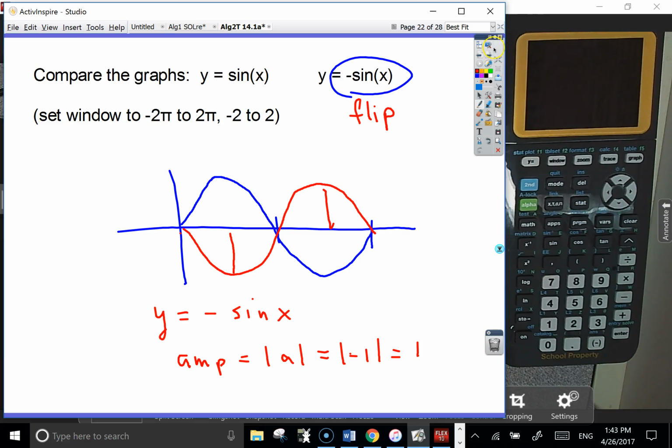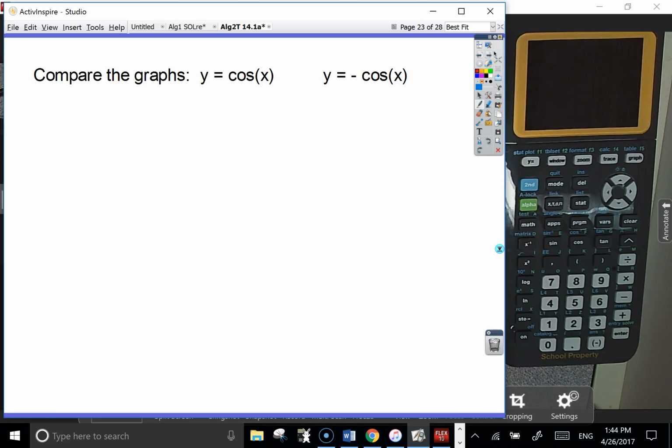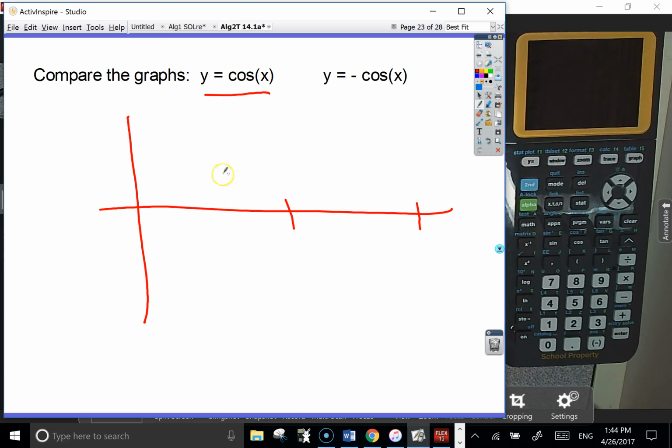We've already done stretches and shrinks and left and up and down, left and right, period changes. So same thing with the cosine. Right? I'll make this will be the cosine right there. Cosine goes like that.